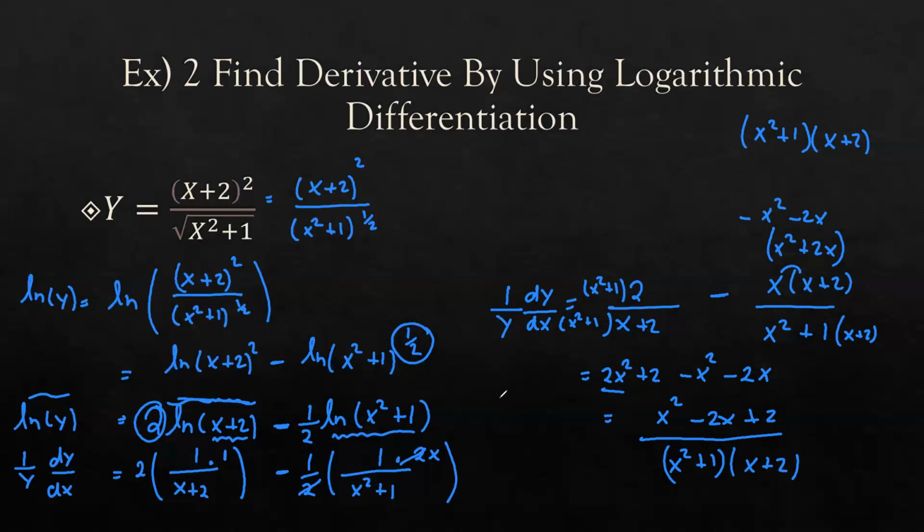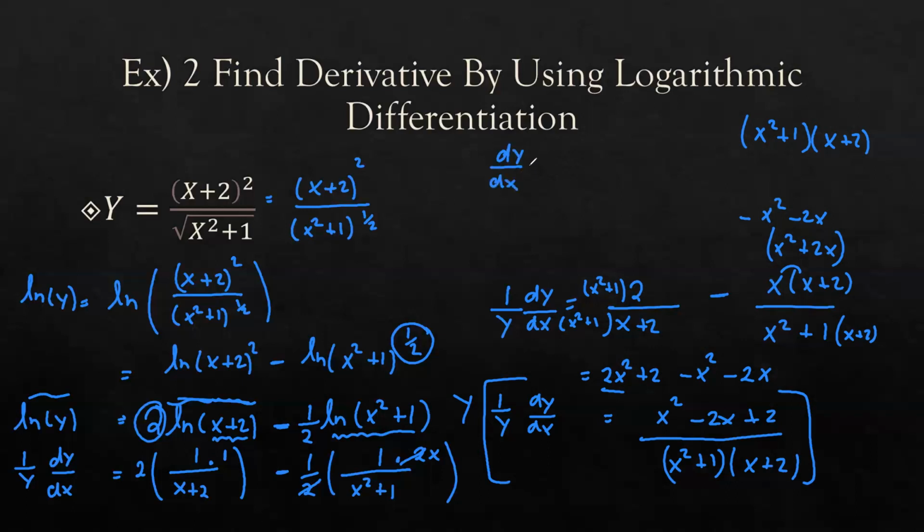And then you have 1 over y dy/dx. And then solve for dy/dx, so you're going to multiply everything by y. So when you do that, the left side is dy/dx.